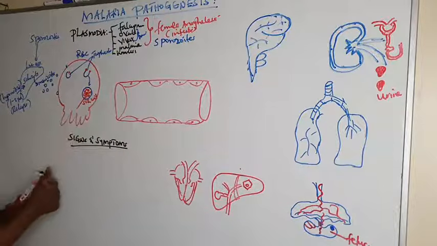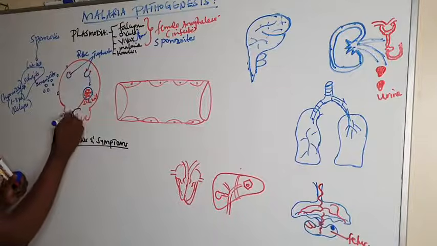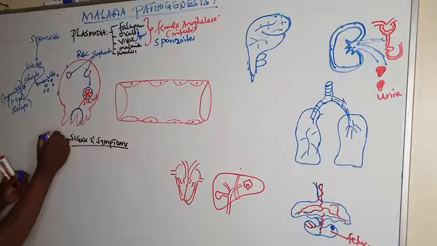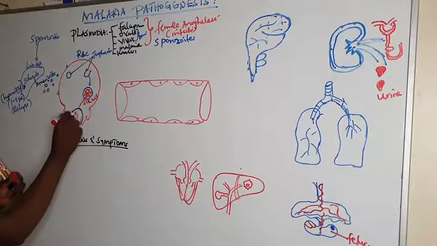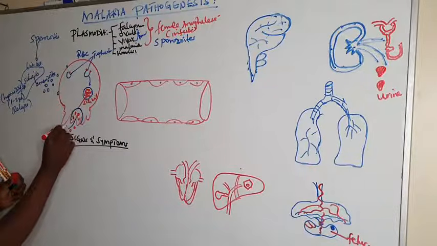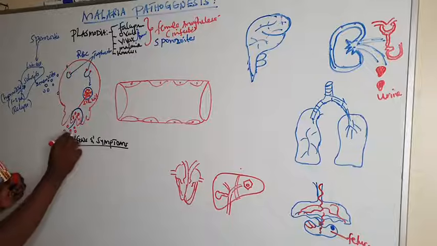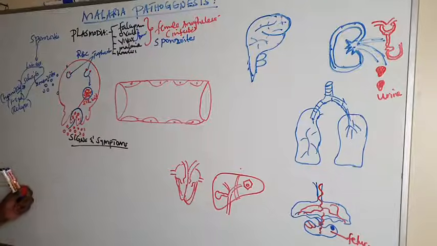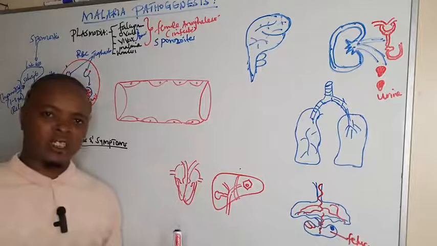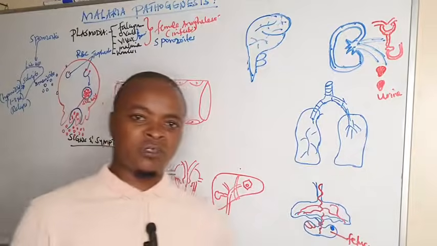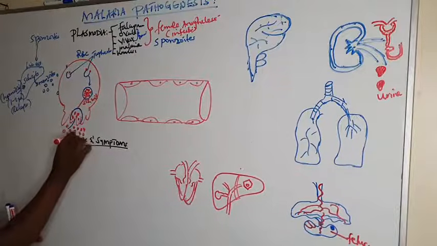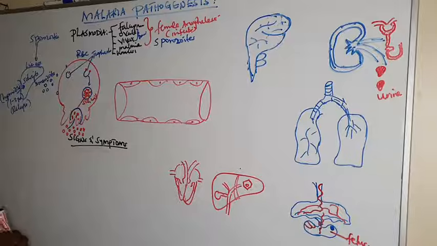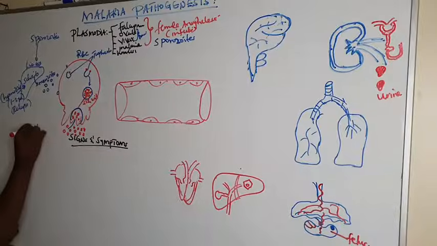And when the schizont ruptures with the RBC, it releases the merozoites into blood circulation. Each schizont contains between 6 to 32 merozoites, depending on the species, as we saw in the life cycle.